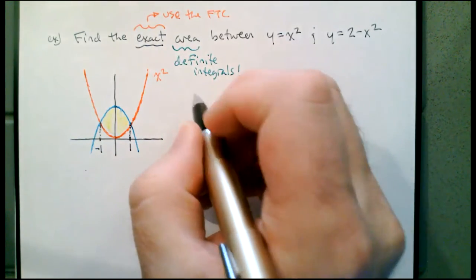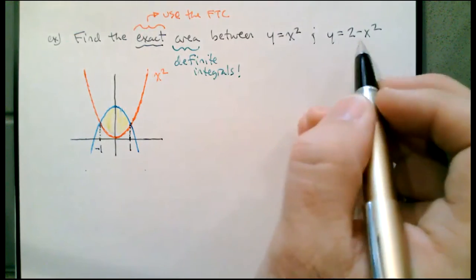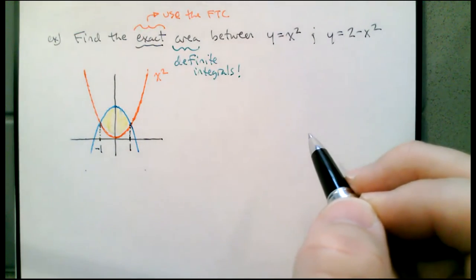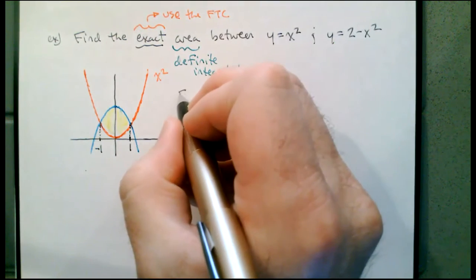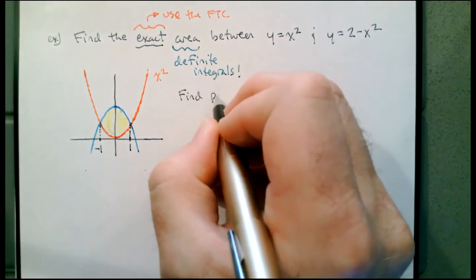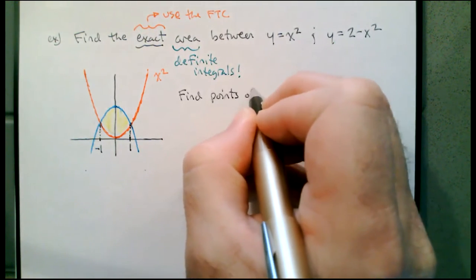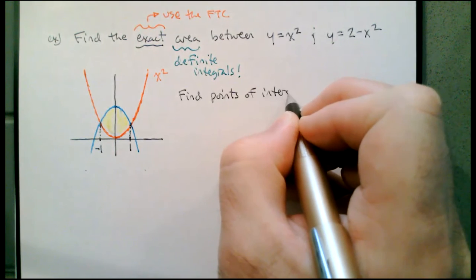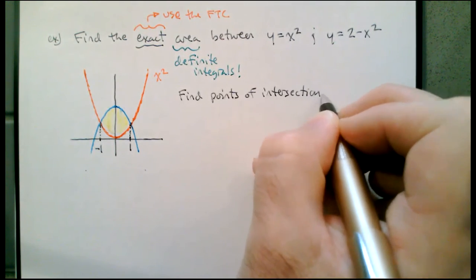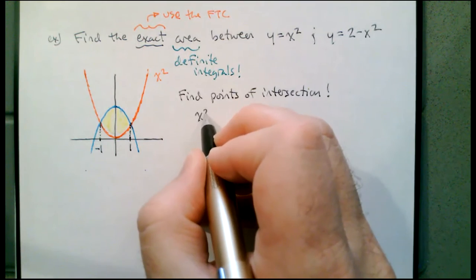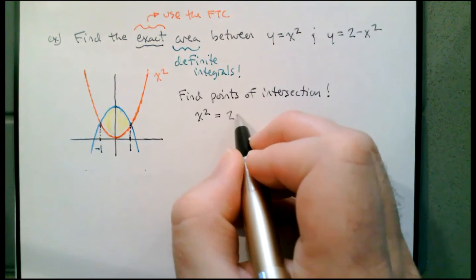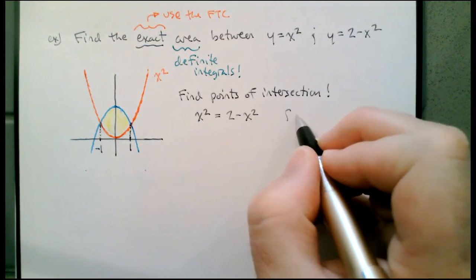So we can find the points of intersection by putting the two equations equal to each other. We're trying to find out where these y coordinates are the same. So let's find the points of intersection by taking x squared and setting that equal to 2 minus x squared.